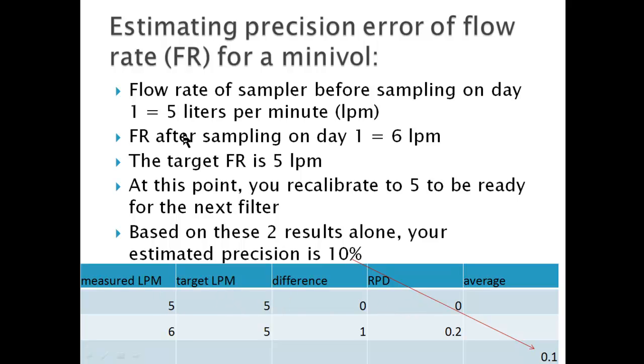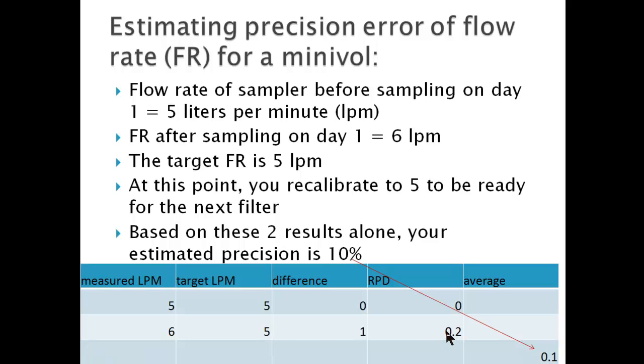And then after sampling, it was 6 liters per minute. So now it's 6, what the Minivol shows on its little bubble meter is 6 liters per minute. The target is 5. The difference is 1. 1 divided by 5 is 0.2.